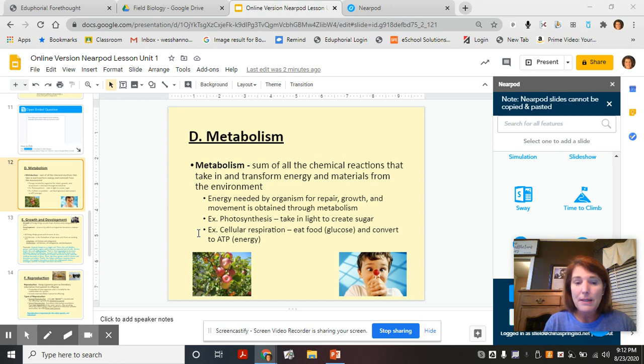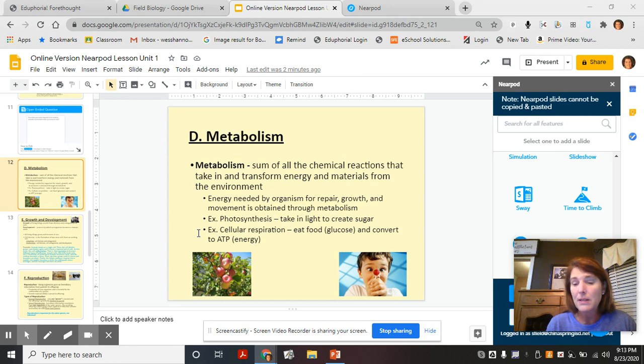It's metabolism. Well, every living thing, in order to be alive, has to take energy and materials from the environment, and it has to have that energy to be able to live, to grow, to reproduce, and do all those things. So it has a metabolism, which is the sum of all the chemical reactions that take in and transform this energy. Plants tend to do photosynthesis.